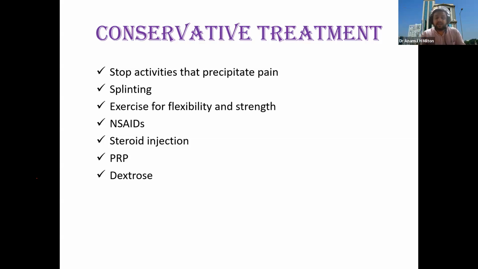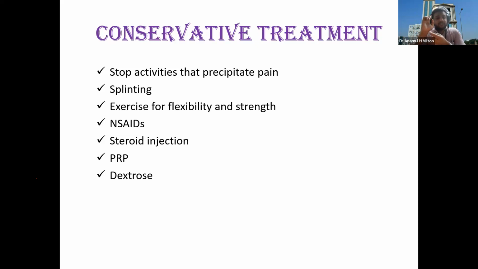Sometimes you give NSAIDs if there is a very small area of swelling. If it does not improve with conservative treatment, you can consider a steroid, but a very important point: outside the nerve, not within the nerve.